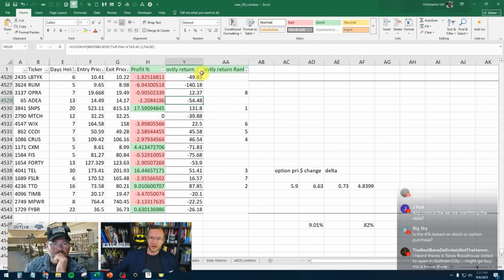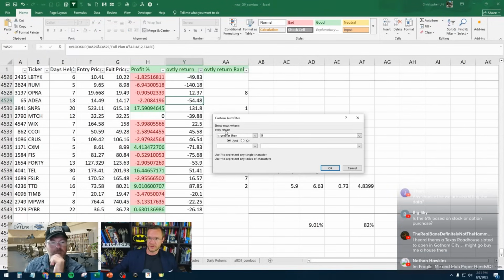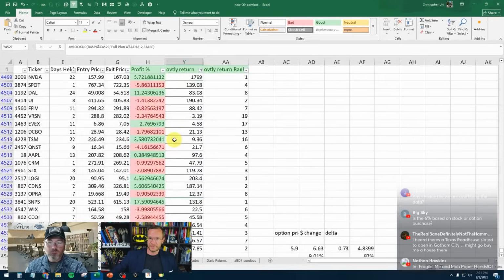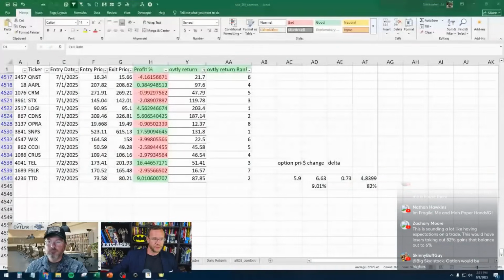But if we filter for just positive historical returns, number filters greater than 0, and we're focusing in on just this one day, hang on, I'm gonna have to unhide those columns again. Here's what I'm gonna do, I'm gonna unhide just the entry date. That's gonna make life easier. Okay.